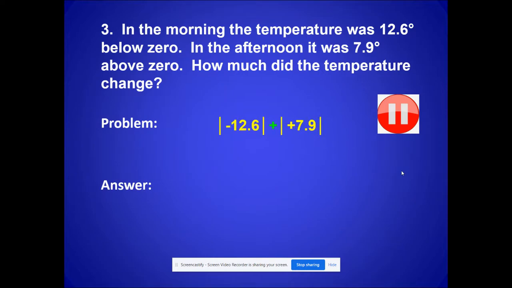Your problem should have been the absolute value of negative 12.6 plus the absolute value of 7.9. You would find the values of both of these, which is 12.6 plus 7.9, and the temperature change was 20.5 degrees.